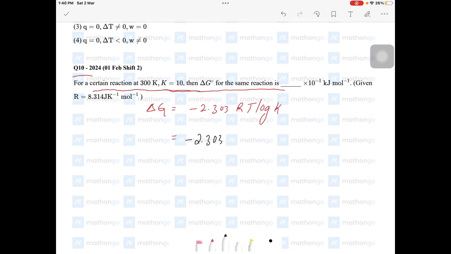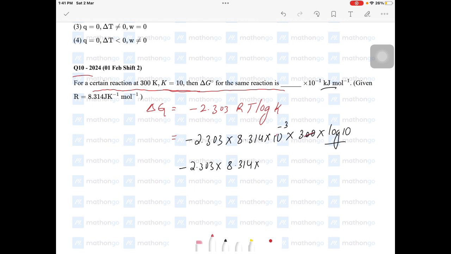Minus 2.303, R value 8.314, in the unit of kilojoules, that's why into 10 to the power of minus 3, into temperature 300 into log K. K value 10, log 10 value 1, then minus 2.303, 8.314 into here two zeros, and here minus 2 will get cancelled, 10 to the power of minus 1 into 3.